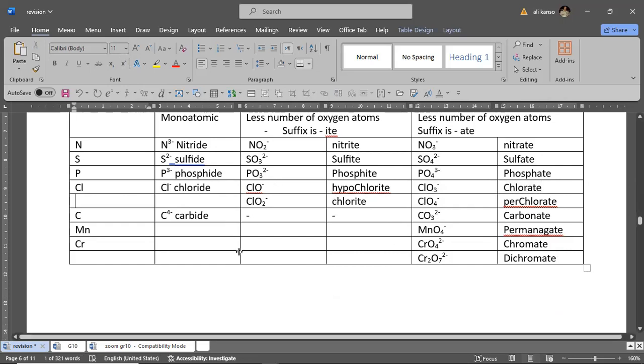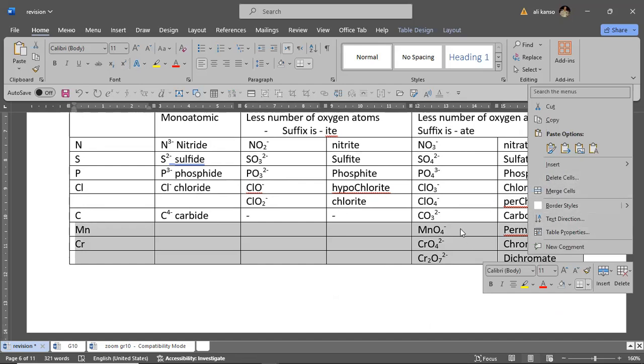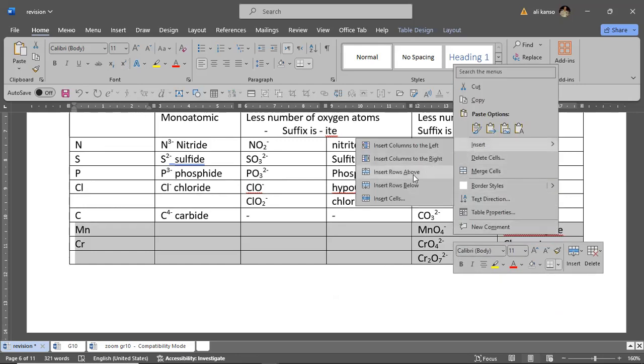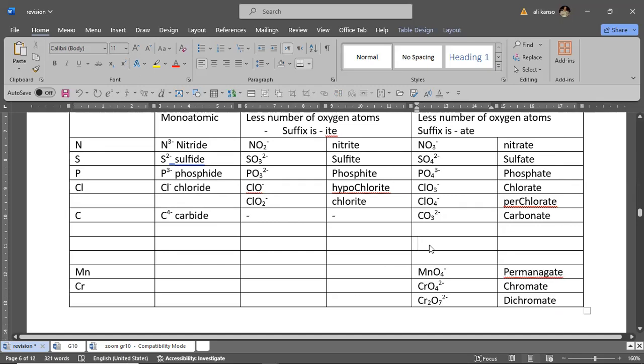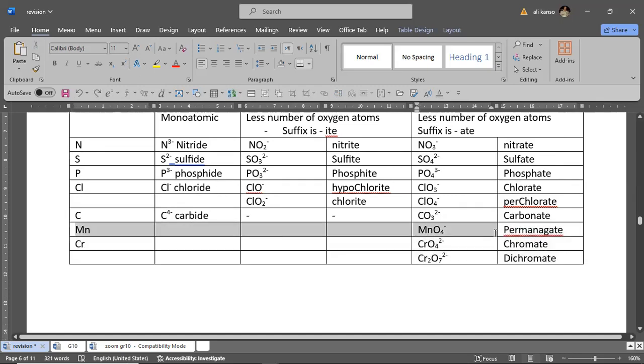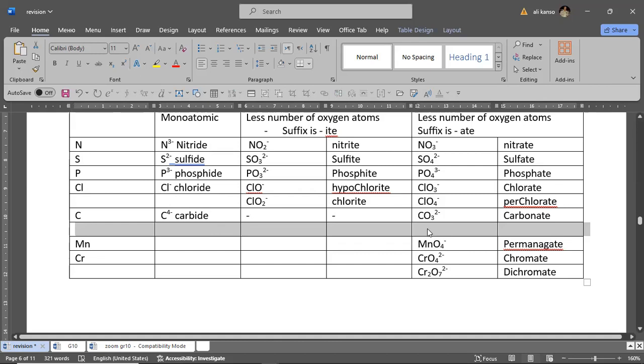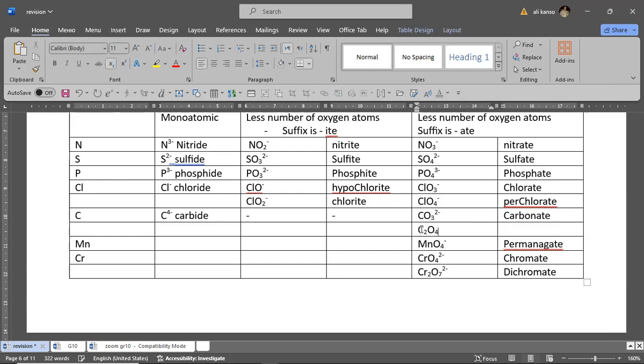There is still one. In carbon, we have an ion that is called oxalate.